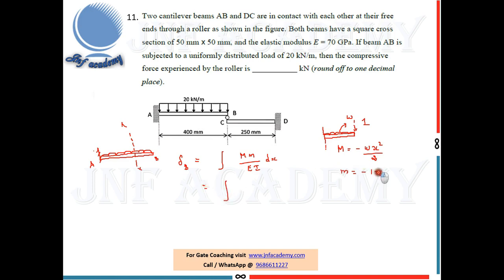This is x bar. I can take 1 by EI outside. The remaining is W x square by 2 into x dx. 1 by 2 EI, W also I can take outside. x cube will be there. After integration, x power 4 by 4. So the deflection at B is W L power 4 by 8 E into I.